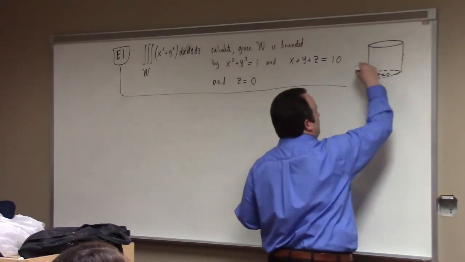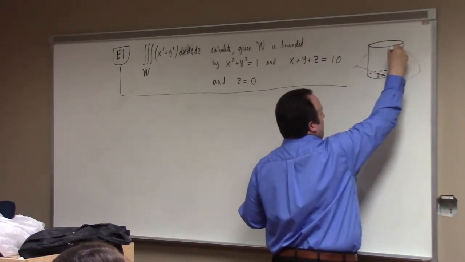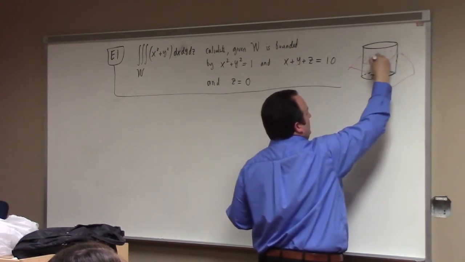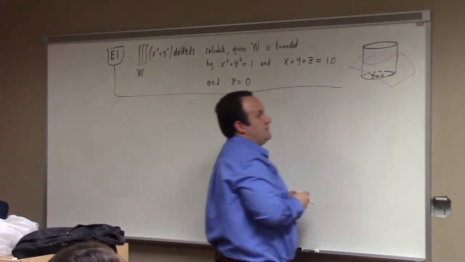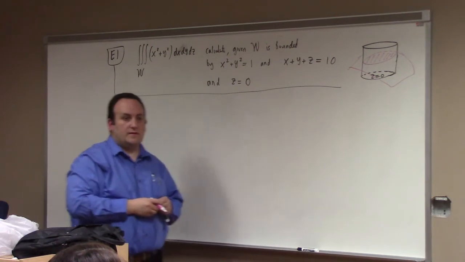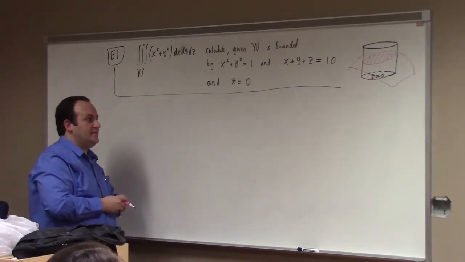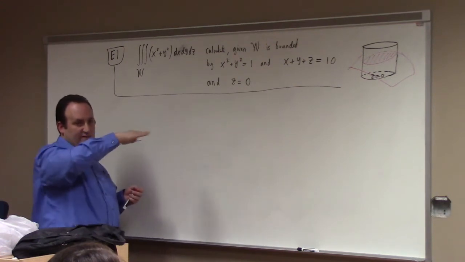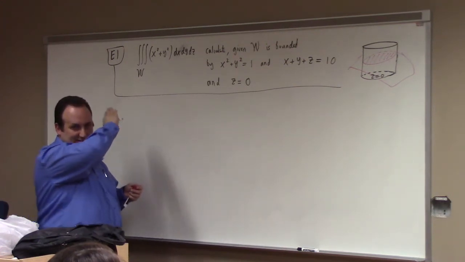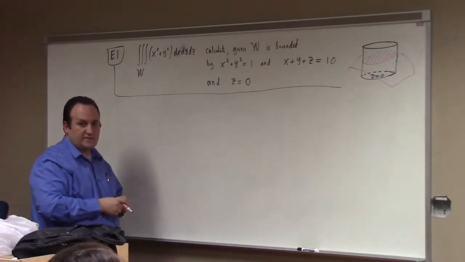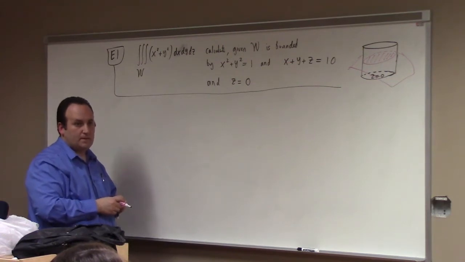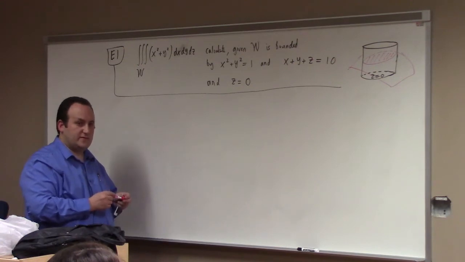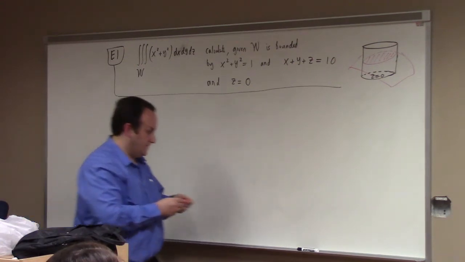I don't know what it is exactly, but something like that, and it's cutting through that somewhere. So essentially, we've got a partial cylinder where we've got a horizontal cross-section for the bottom, and a tilted cross-section for the top, right? So I think the best way to describe such a volume is in terms of cylindrical coordinates, right?